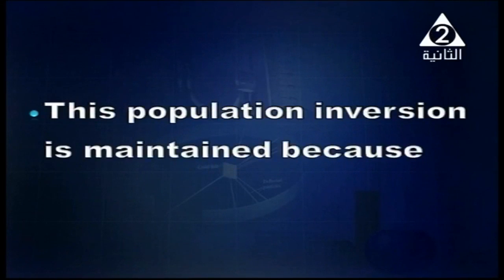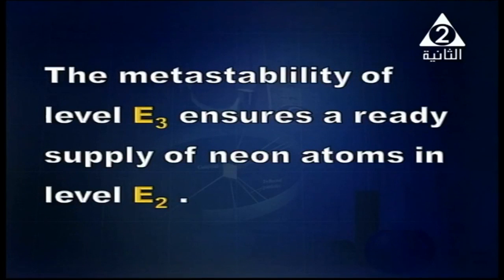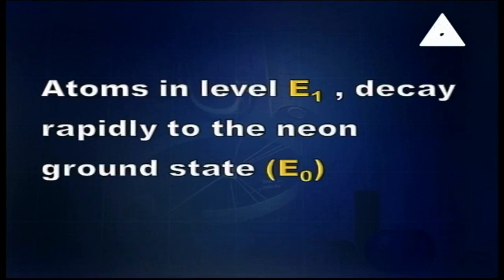This population inversion, which is a very essential situation for production of laser, is maintained because the metastability of E3 ensures a ready supply of neon atoms in level E2. Atoms in level E1 decay rapidly to the ground state, denoted by E0.